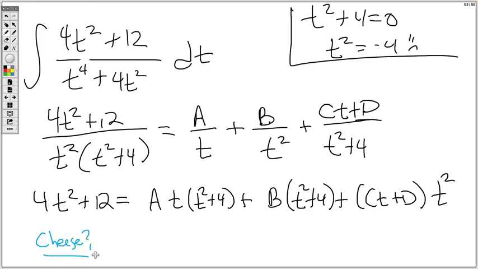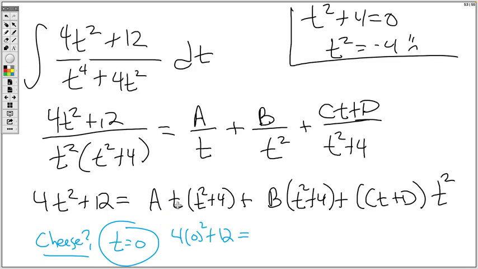All right, can we cheese out any of these coefficients? Is there a value of t I can plug in that's going to make my life easier? Yeah, 0. 0 looks good. If I plug 0 into the left-hand side, I've got 4 times 0 squared plus 12. And that's going to equal what?